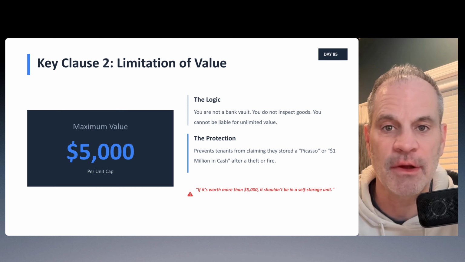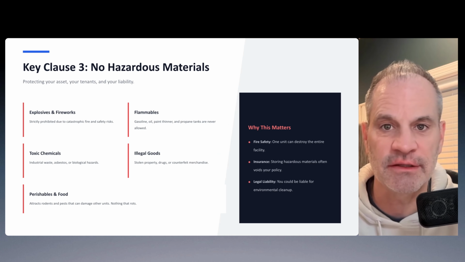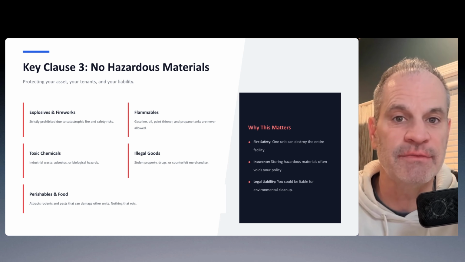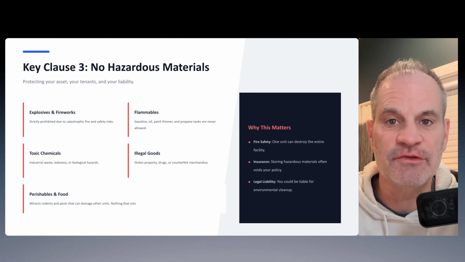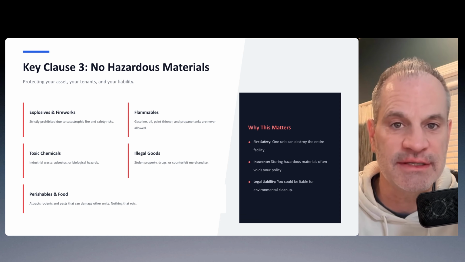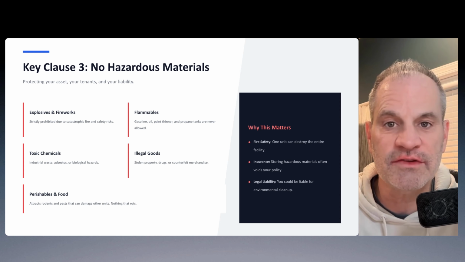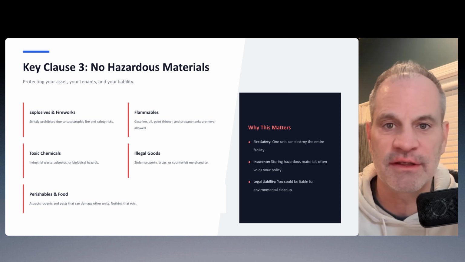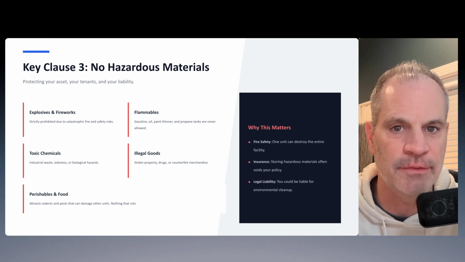All right, now let's talk about what should never be stored in your facility. Because the third key clause is the prohibition of hazardous materials. This protects your assets, your tenants, and your liability all at once. One unit storing flammables or explosives can destroy your entire facility. You must strictly prohibit explosives, fireworks, anything flammable like gasoline or propane.